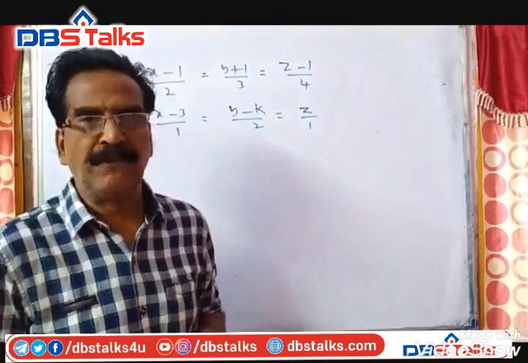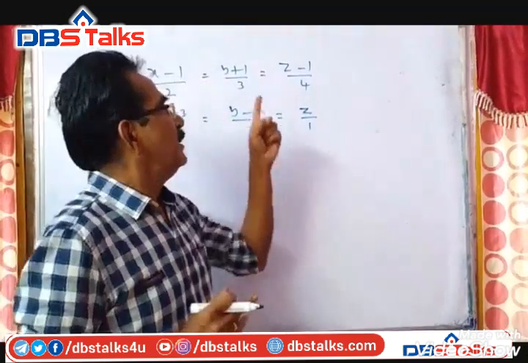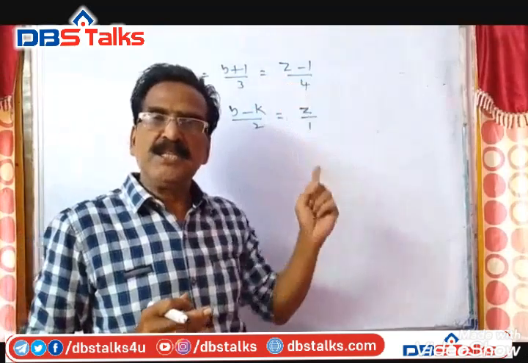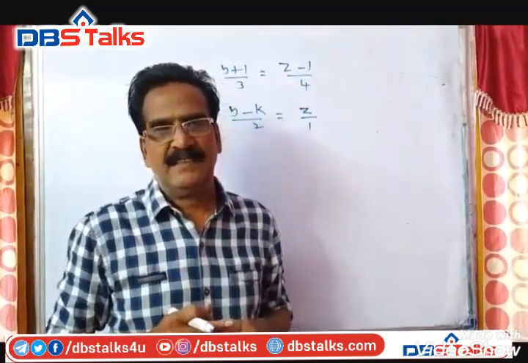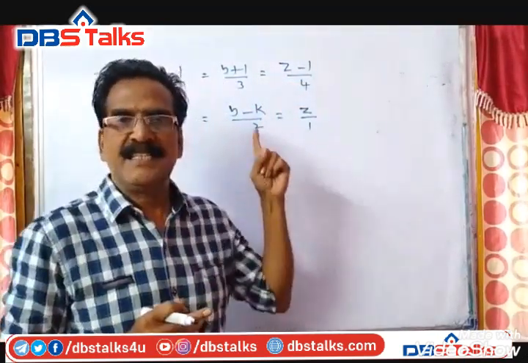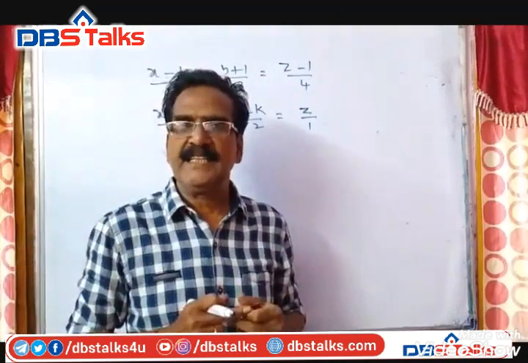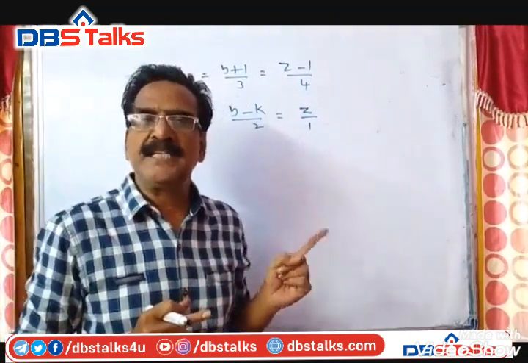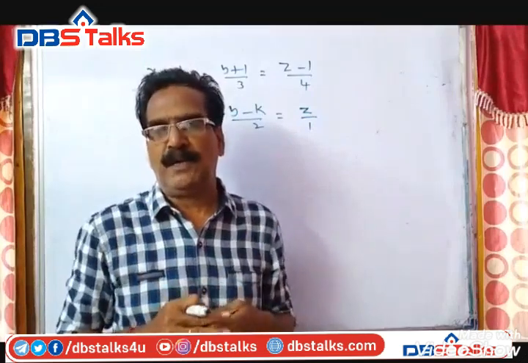It's a simple problem, friends. Since these two lines intersect, then these two lines are coplanar.